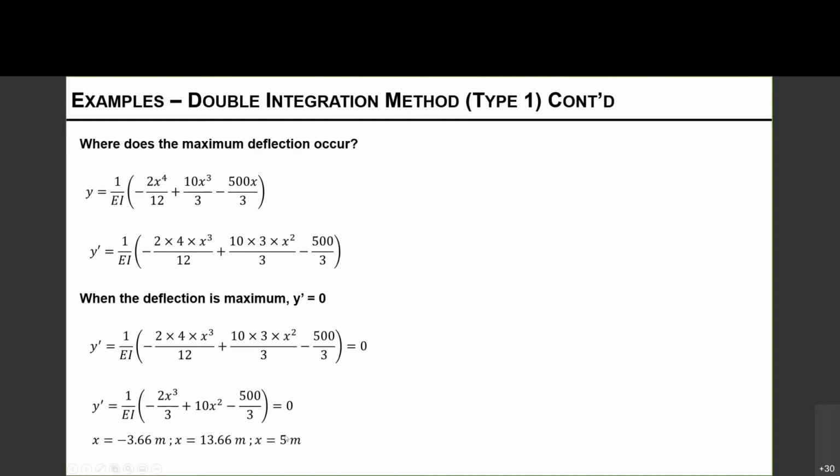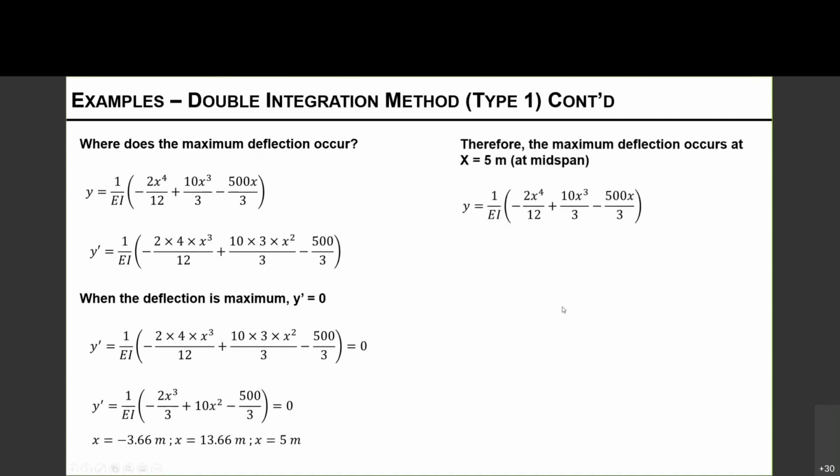So this is within our boundary, and this will be where the maximum deflection is occurring, which is pretty much obvious because the loading is symmetric and the geometry is symmetric, therefore the deflection should occur at the midspan, right? So we know where the maximum deflection is occurring.